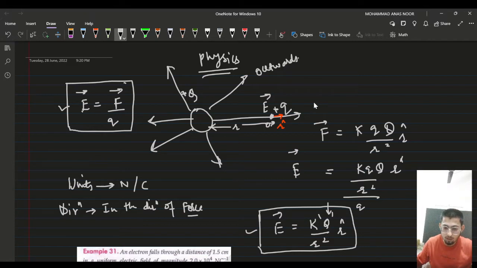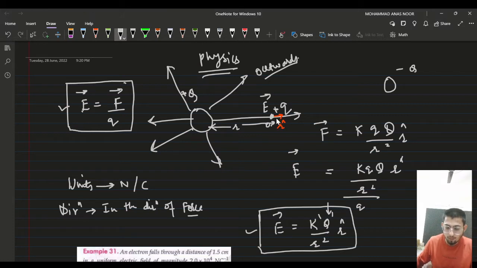If it were a negative charge, that would be the opposite scenario. So for the positive charge, the direction of electric field is outward. Now if we want to find the direction at this point, correct?